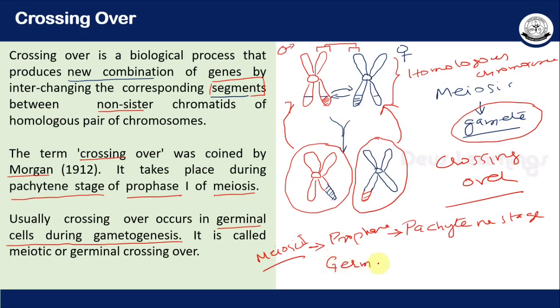Germ cells go through meiosis and produce gametes, and gametes are the cells which carry the genetic information to the next progeny. So gametes have recombined chromosomes, right? Since it happens in meiosis, in germinal epithelial cells, it is also known as germinal crossing over.